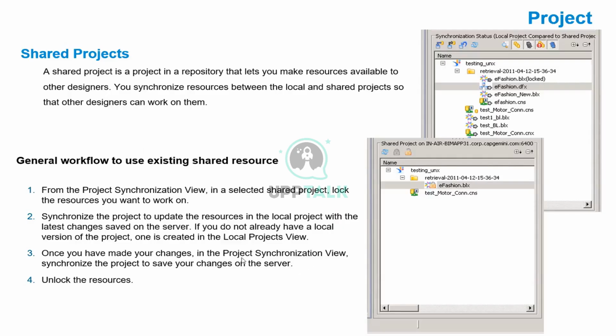Once you lock and do all your work, you can release it once you have made your changes in the project synchronization view. Synchronize the project to save your changes on the server. It will be saved at the server level. Then you can unlock the resources.